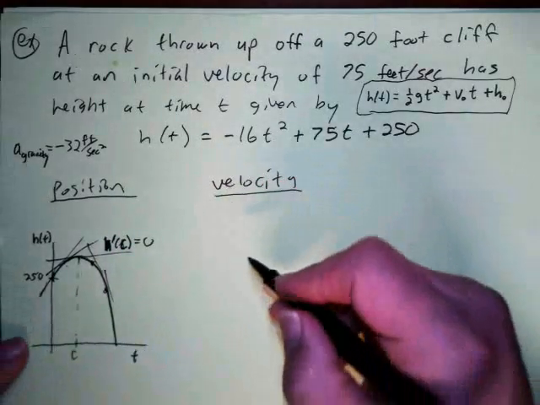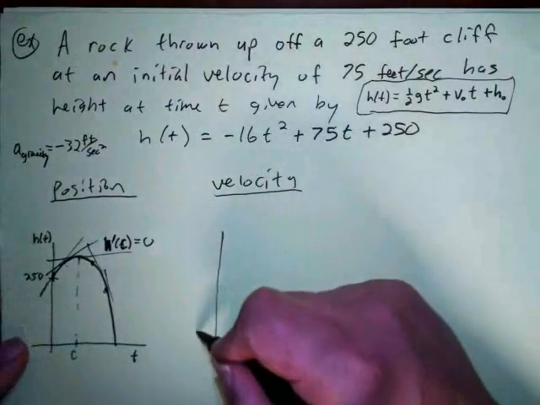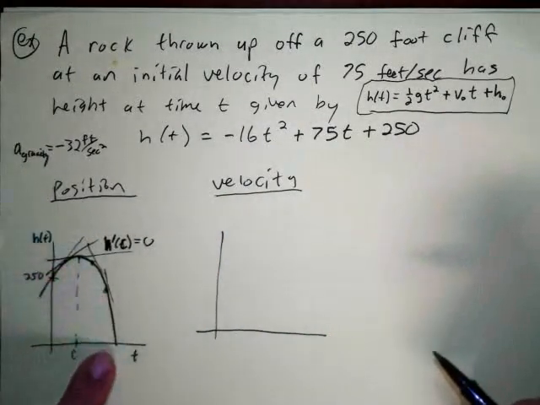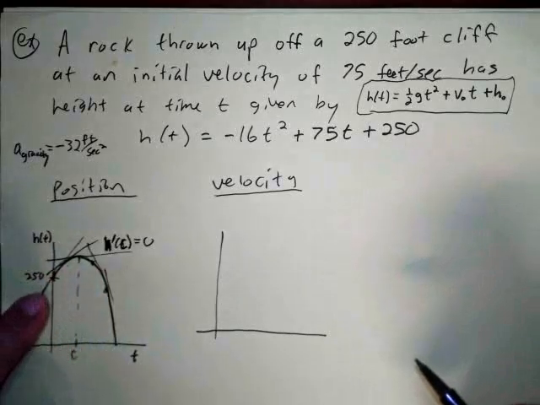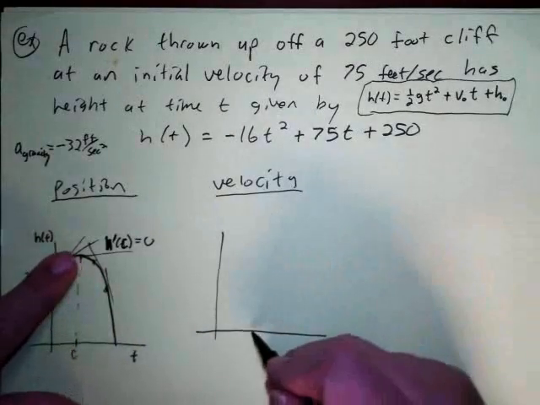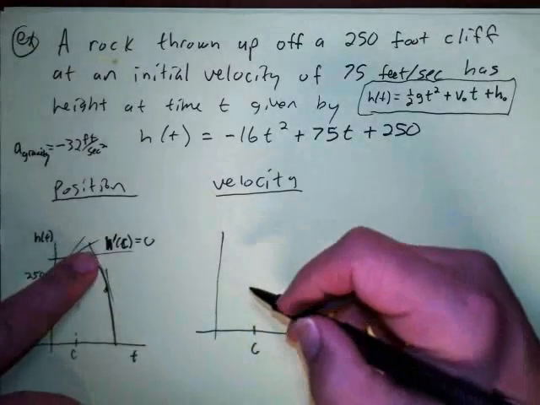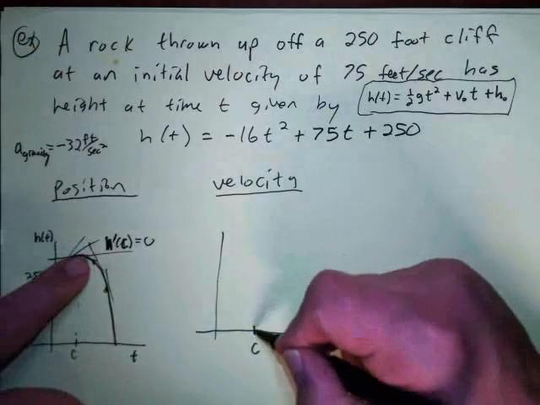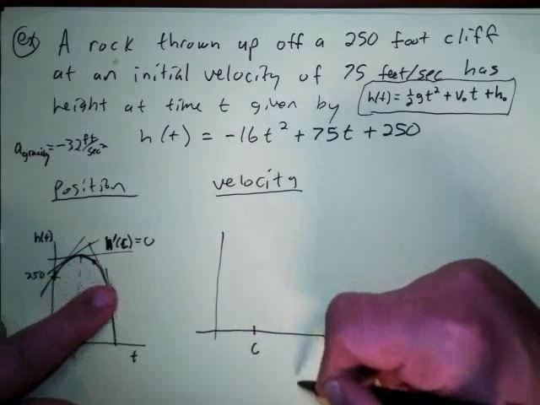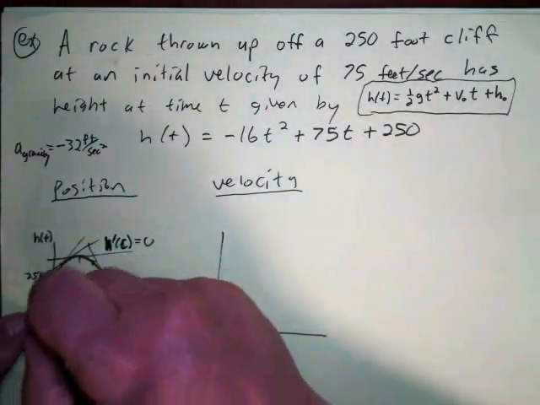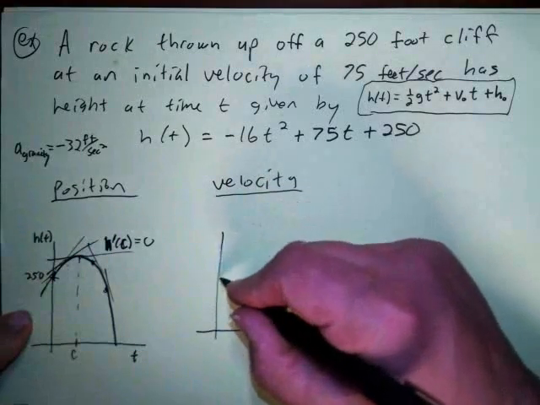Okay, so what you have here is a rock, and the velocity is positive until you get to c, right? And then at c it's 0, and then after that the velocity is negative. Okay, and so here it's just whatever the slope is at that point.